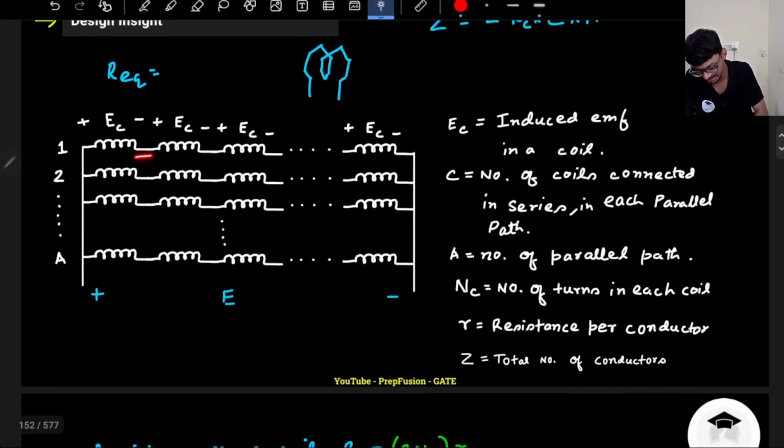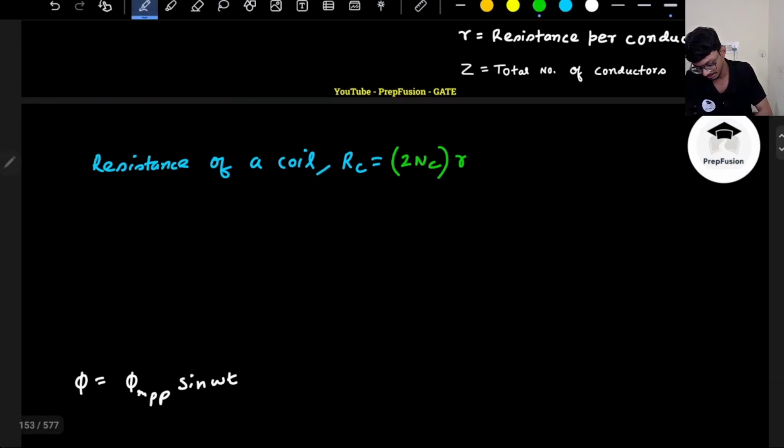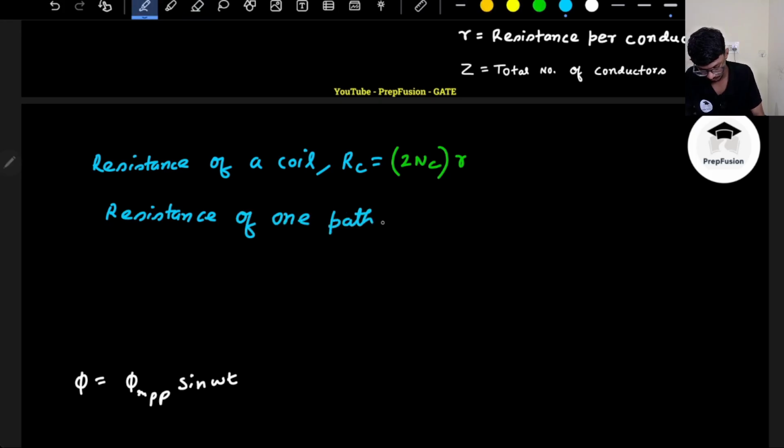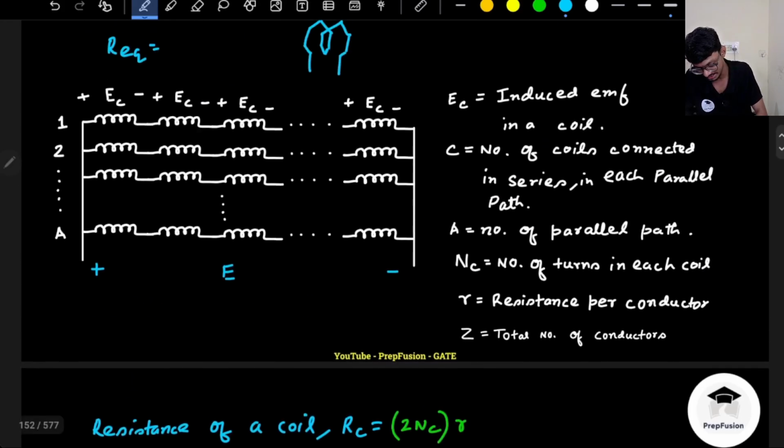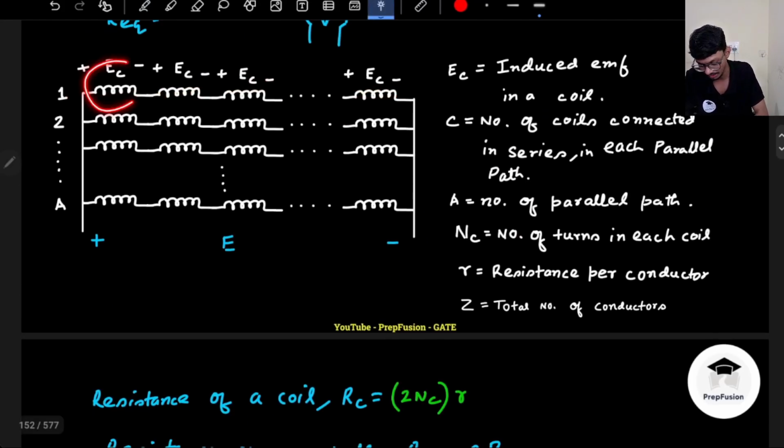Now how many coils are in series? C coils are in series. So the resistance of one path, let me name it RA, will be C into RC, the total number of coils in series into RC, because each coil has resistance RC.